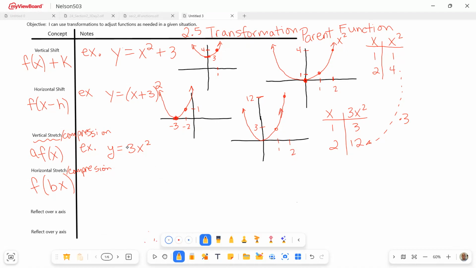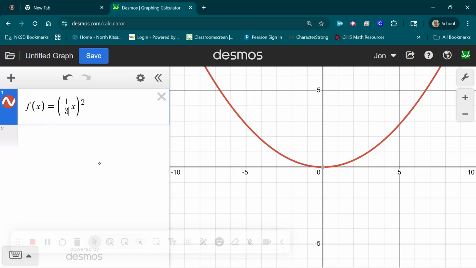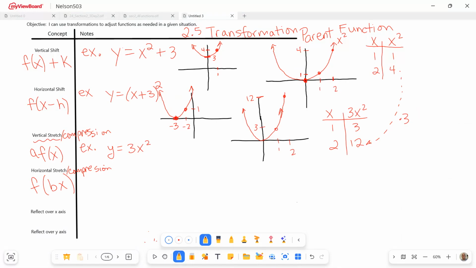When we have a number greater than 1, it's a vertical stretch. When we have a number less than 1 but greater than 0, it's a compression. Where when it talks about horizontal stuff, did you notice if I had a 1/3 in here, that's actually a horizontal stretch. So it's kind of weird.